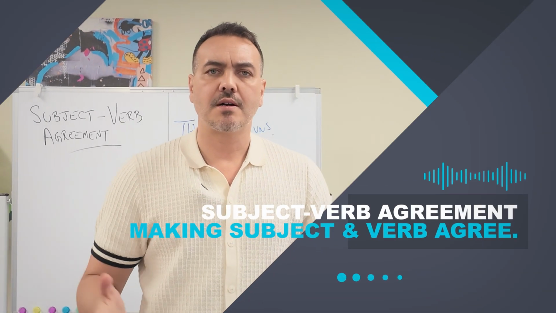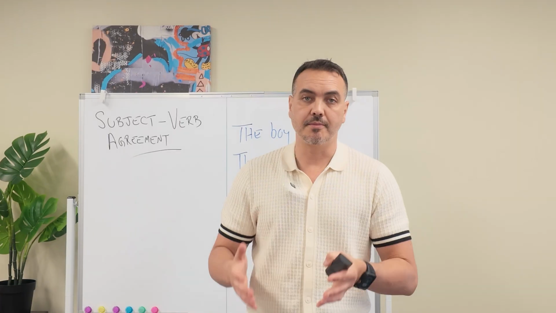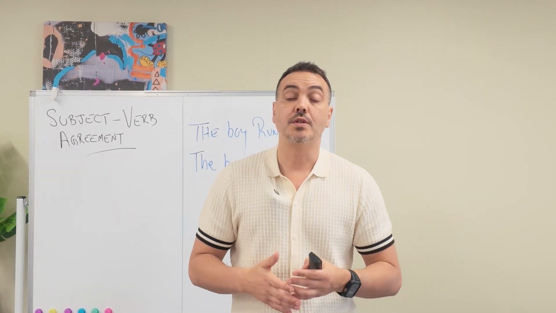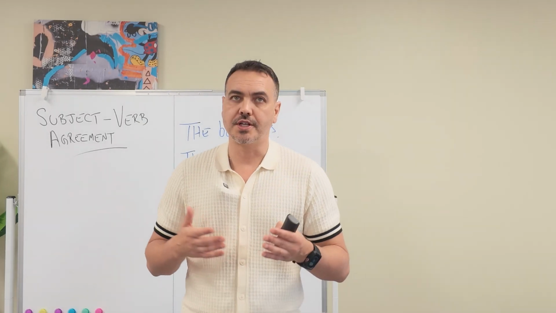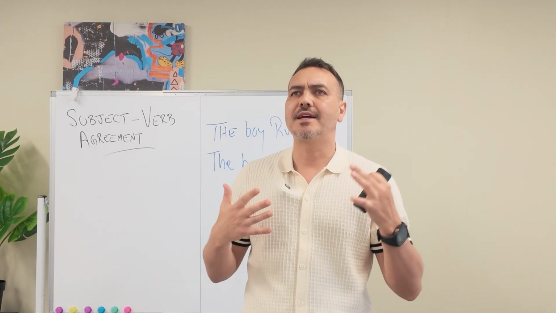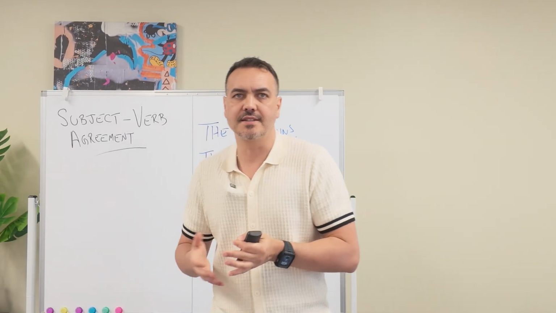Okay, today we're going to talk about something important, which is subject-verb agreement. This is a very natural progression from our previous lesson, which was on verb conjugation. In this lesson, you're going to learn how to make the subject and the verb agree in an English sentence.